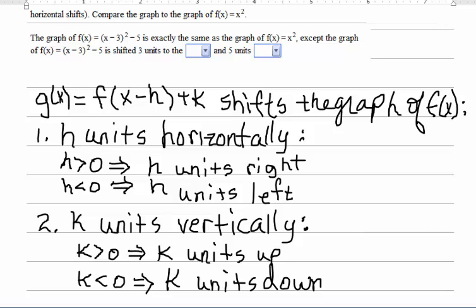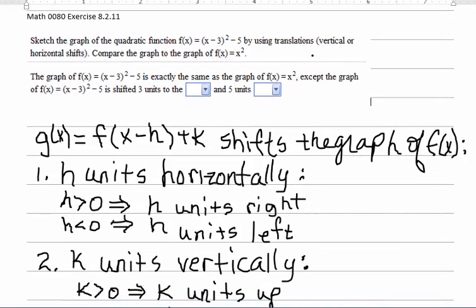Now when we look at this function, which is the square of x minus 3, minus 5, we see that a positive number 3 is being subtracted from x. So the shift is 3 units to the right.